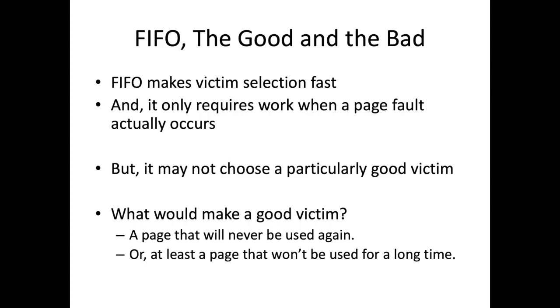Well, that could give us an idea for what a really good victim would be. If you're trying to pick a victim, why not try to pick the page that won't be used for the longest time in the future? If it's a bad idea to pick a page that's about to be used maybe in the next CPU instruction, why not pick a page that won't be used for a long time in the future?